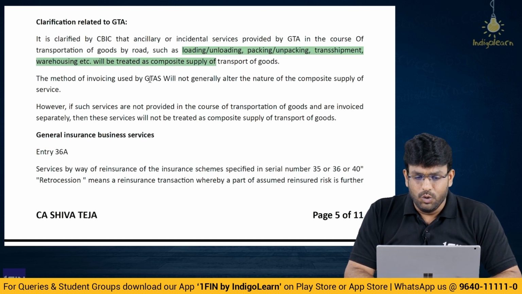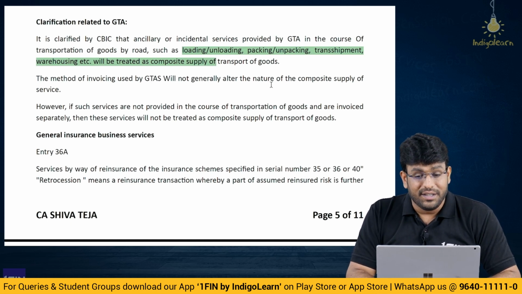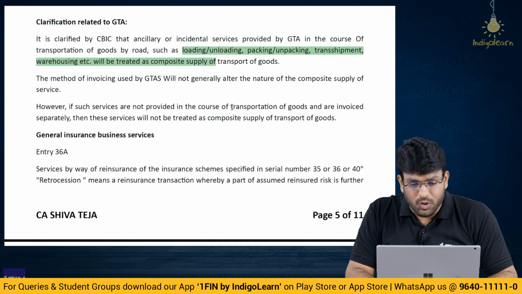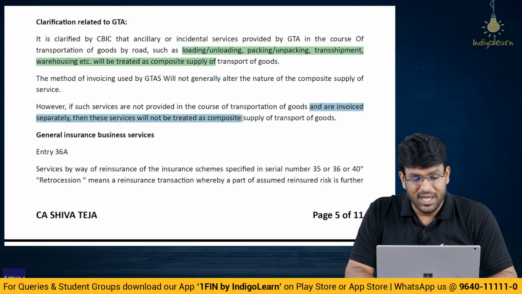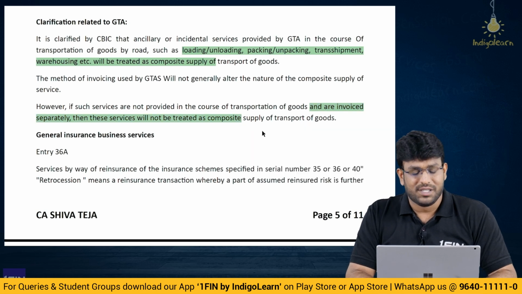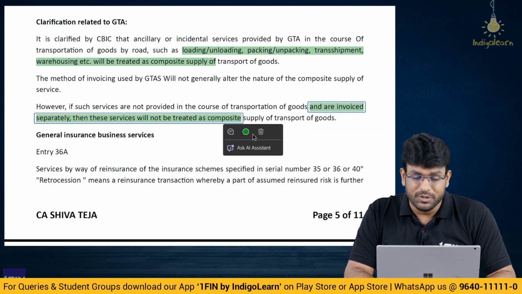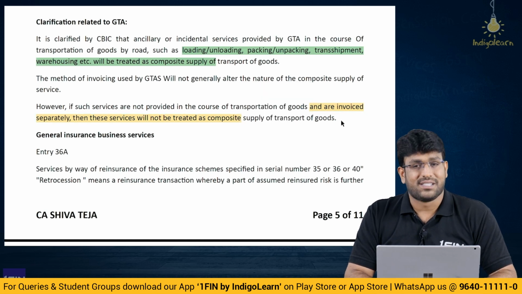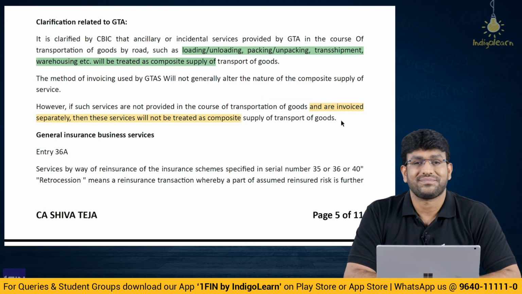Method of invoicing used by GTAs will not alter the nature of composite supply. However, if services are not provided in the course of transportation and are invoiced separately, then they are not regarded as composite supply. That means if it is a part of composite supply, then we will treat them as composite. If not, we will treat them as separate service altogether.